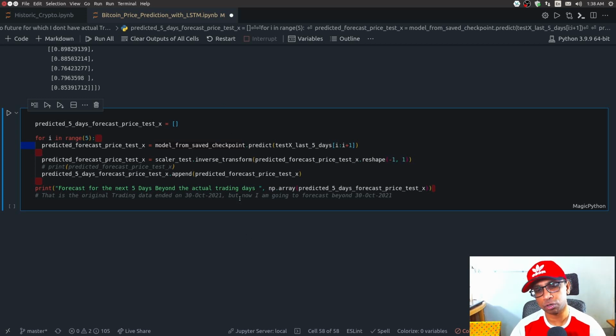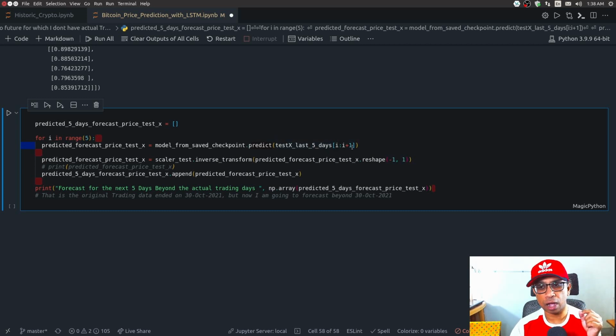So in the previous part of the notebook, we already saved this trained model at a checkpoint, and now on that saved trained model, I'm applying the predict function, and to that predict function, I'm passing a single input on which the predicted price will be calculated.